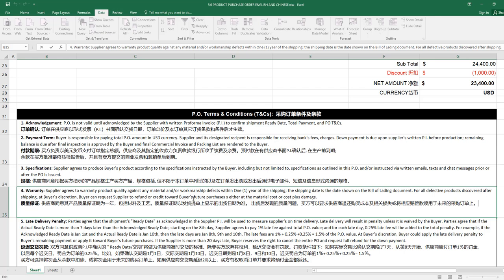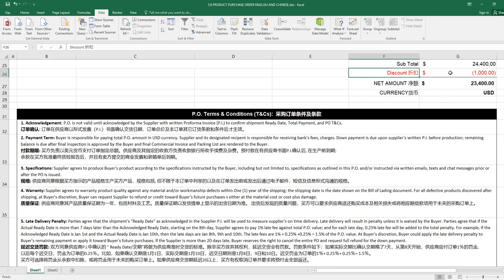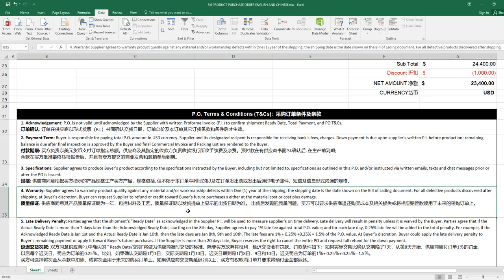If this supplier has super bad quality, you may not want to pursue it. Or if your product doesn't sell, then you may not want to pursue this product again. Then you just end up having to bear all these costs associated with the defective product. So the first priority, the first choice, is always to negotiate a discount, and then you can hold your supplier accountable, either refund or credit, whatever you can get.